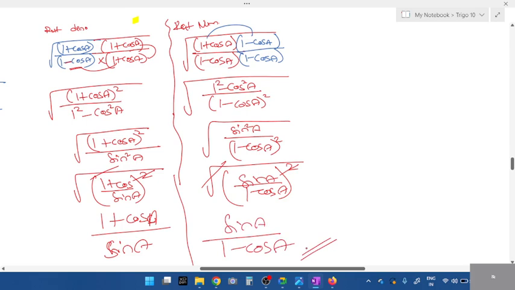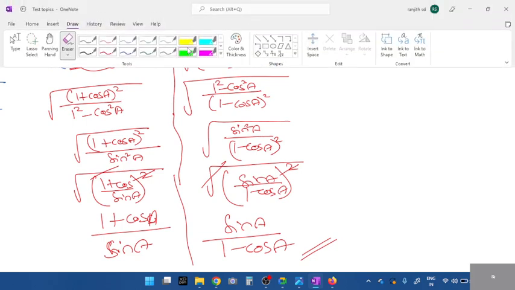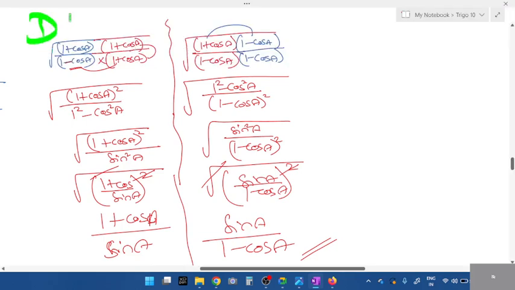Yes. Copy this. All of you will write this first. Rationalizing denominator and rationalizing numerator. This is denominator. Numerator.